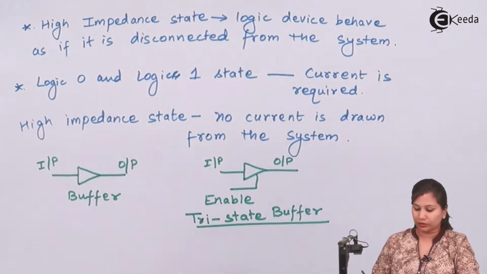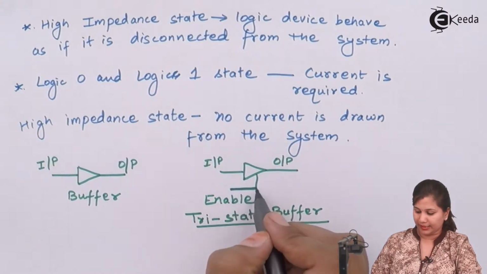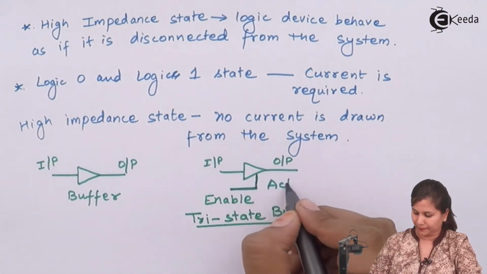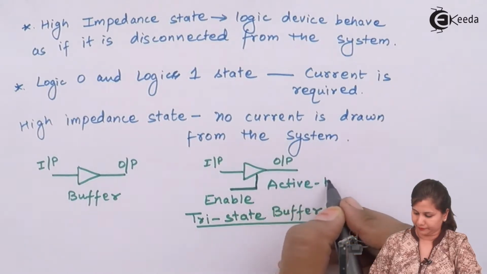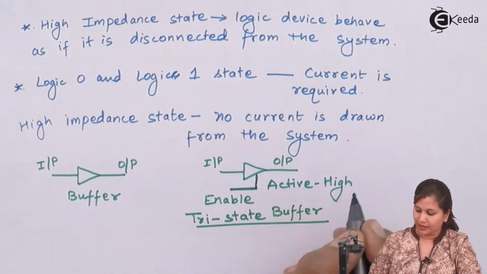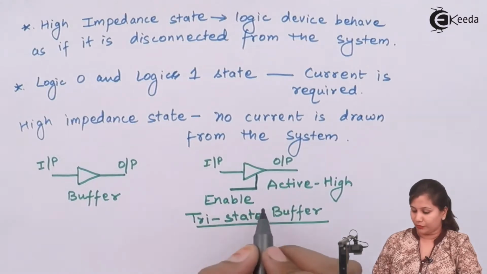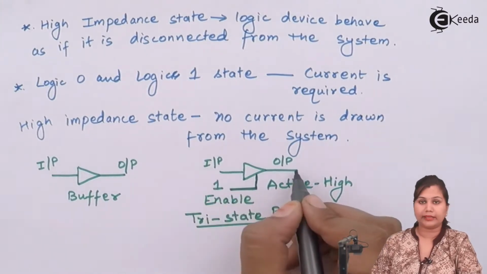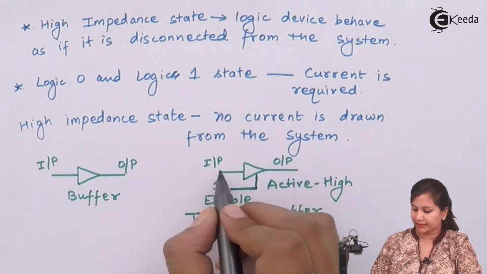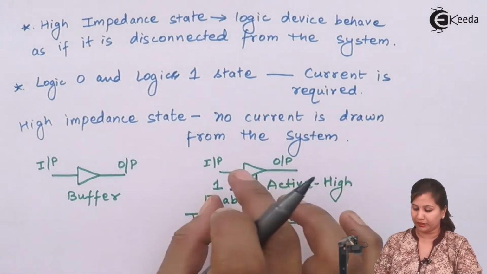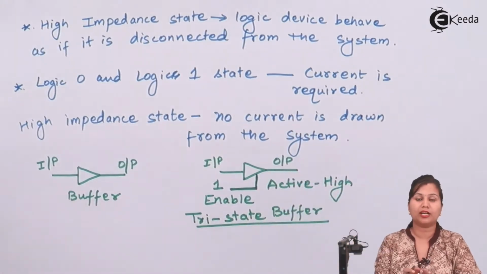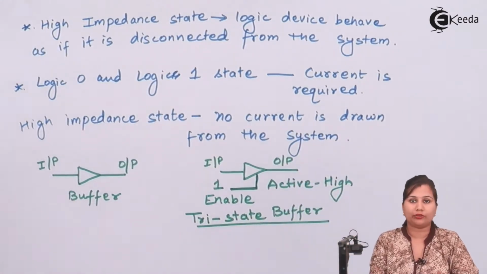Now this enable line, in this case, is active high. It means when the value at this enable line is 1, then the input is equal to the output. The input goes to the output, because in the case of a buffer, the output varies according to the input.